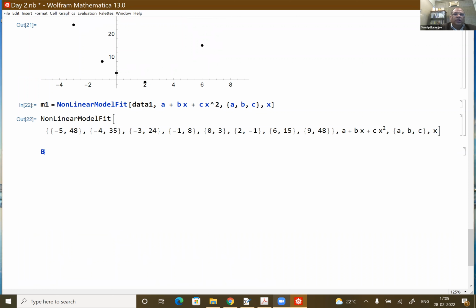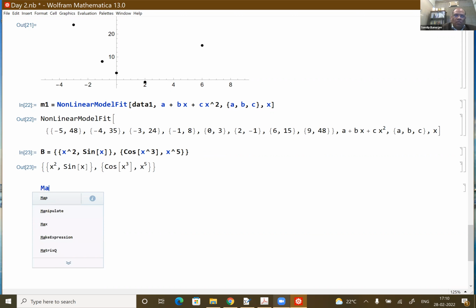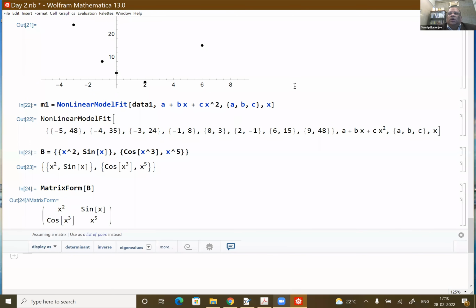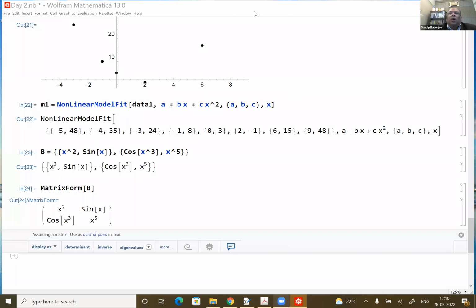So metrics with variable entries would be something like this, and you get something like this. Okay, anything else?